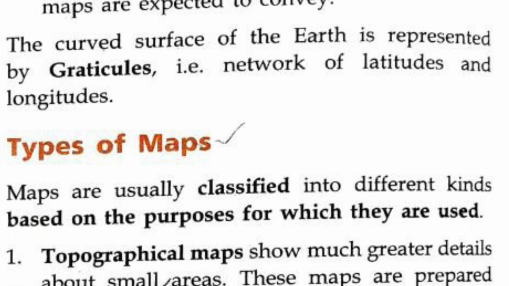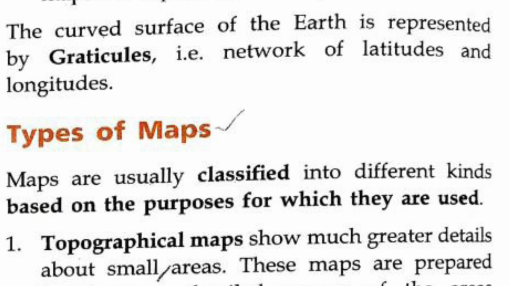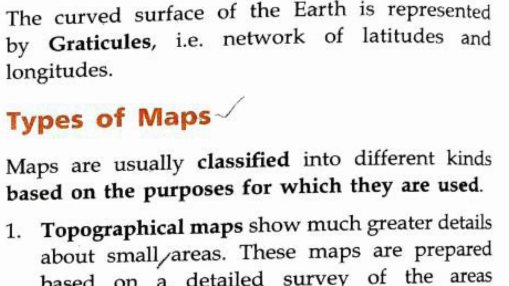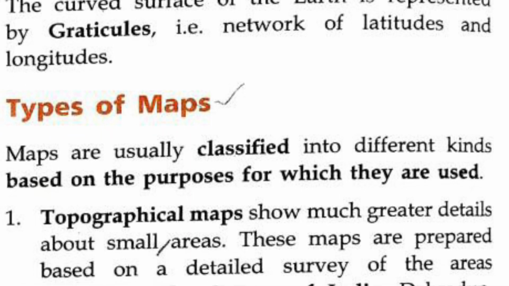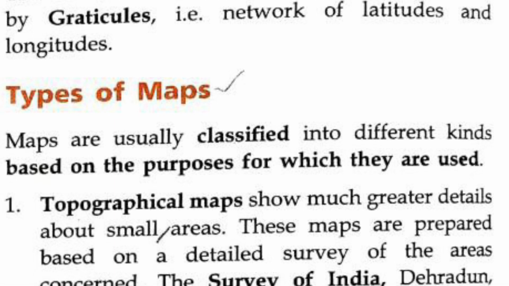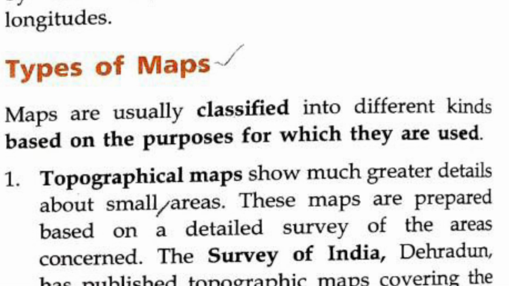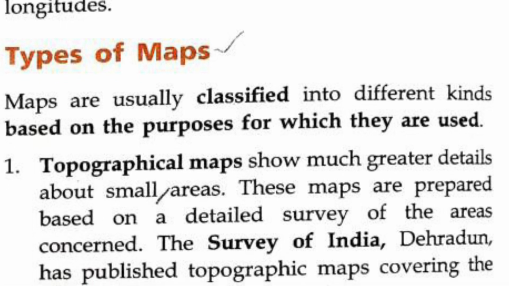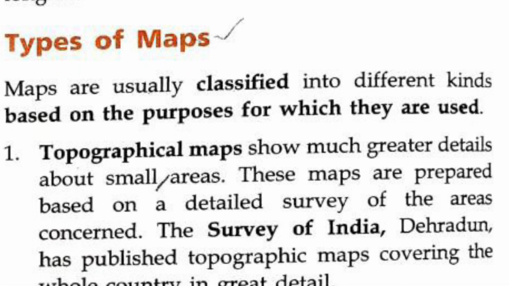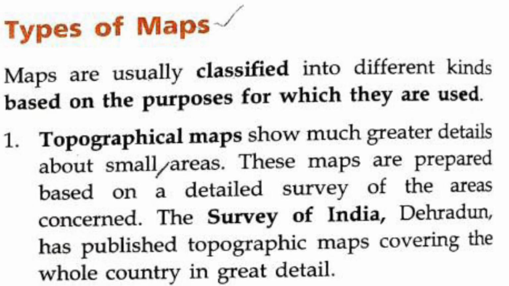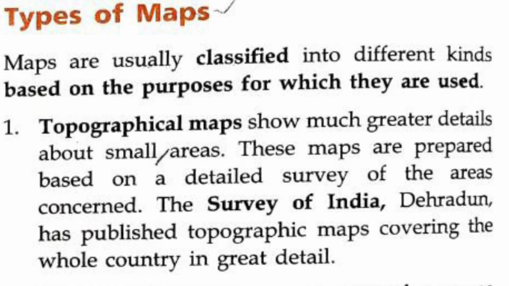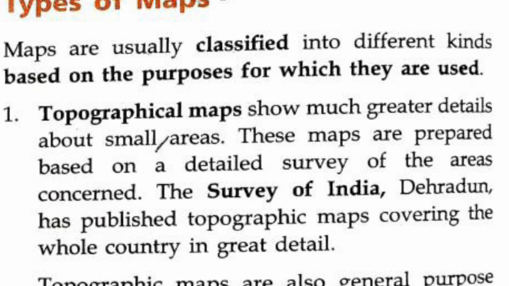Types of maps. Maps are usually classified into different kinds based on the purposes for which they are used. Topographical maps show much greater details about small areas. These maps are prepared based on a detailed survey of the areas concerned.